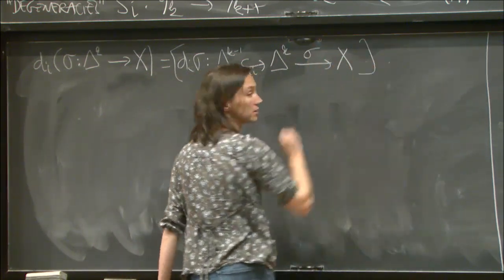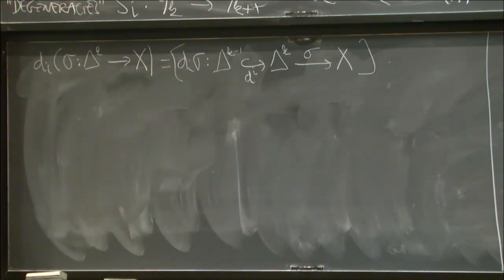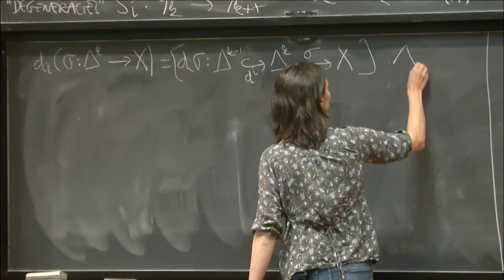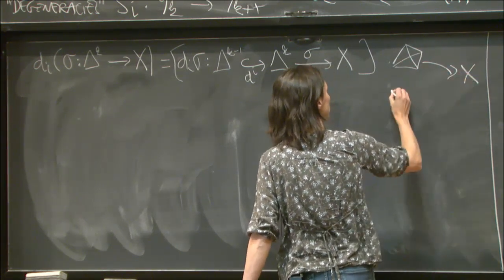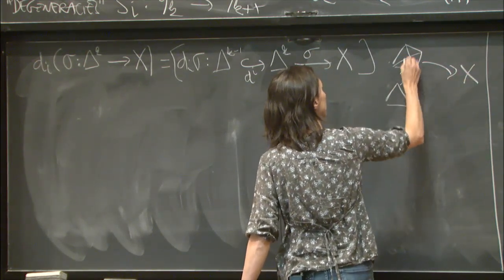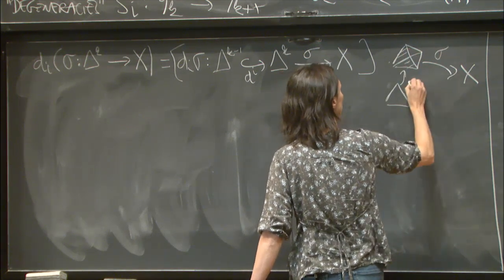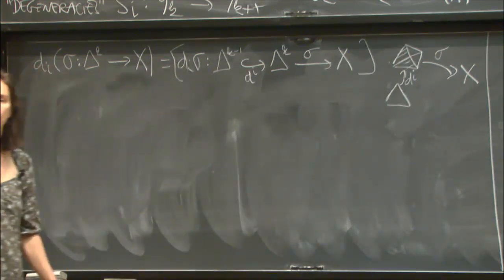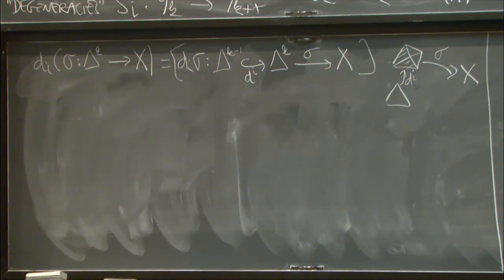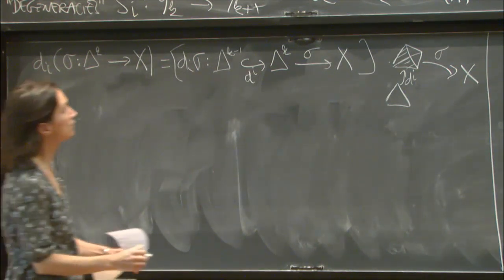So I restrict my map. I have a map from delta k into X, and I can restrict to the i-th face. So this is what you should have in mind for the faces.